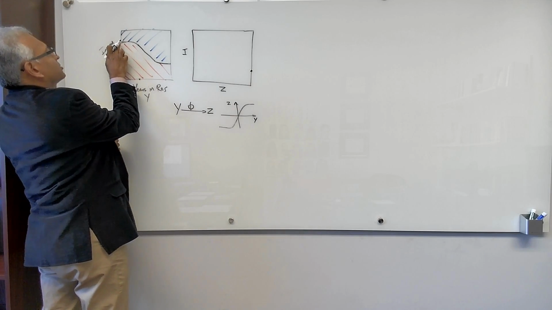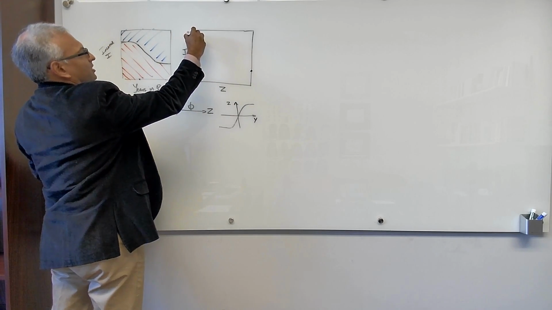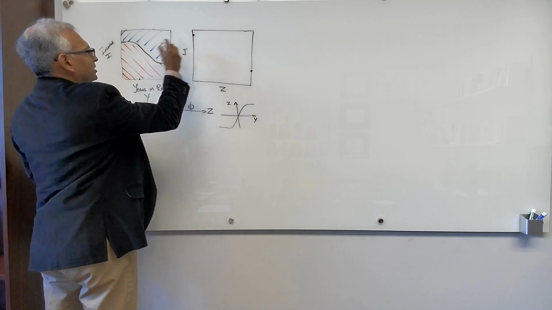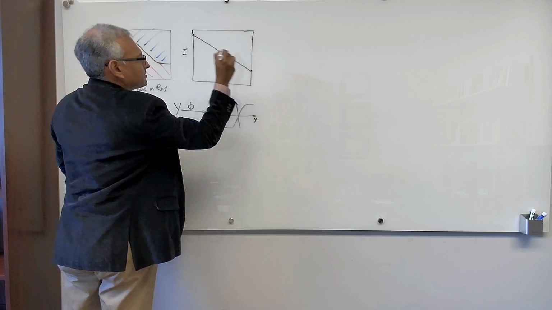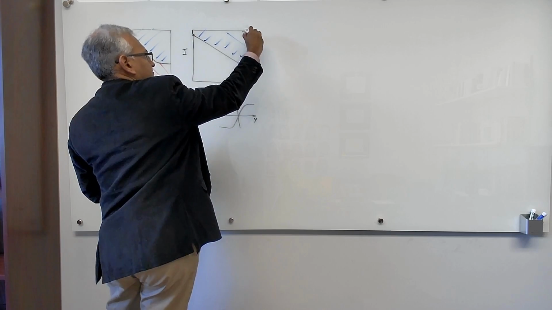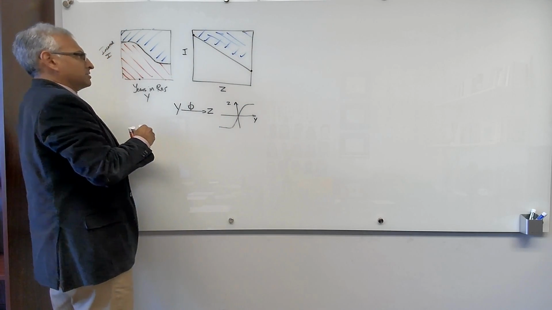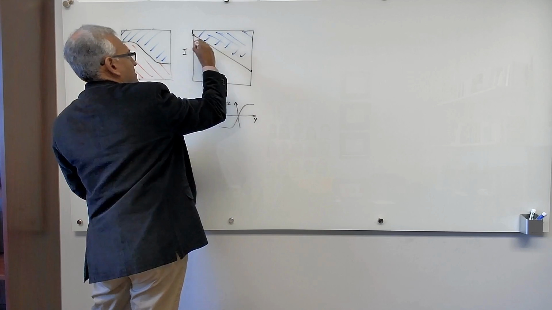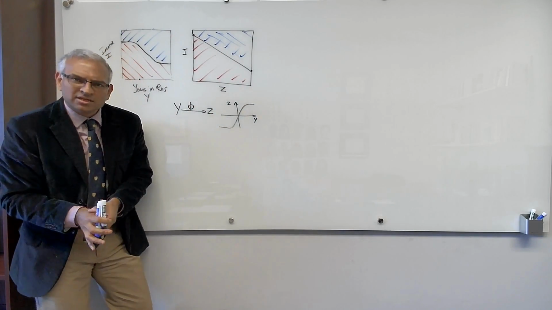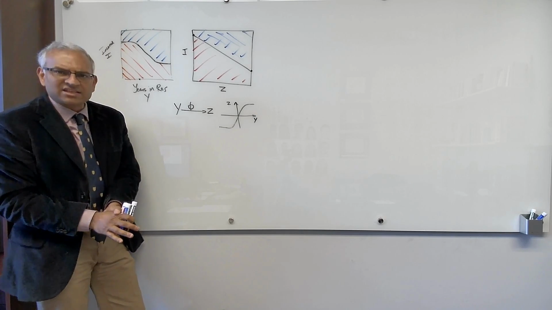The z value corresponding to all of these is some other value, and in between, z linearly interpolates. So this boundary becomes that. This is the plus side, and this is the minus side. And we see now the linear model perfectly works for this classification problem.